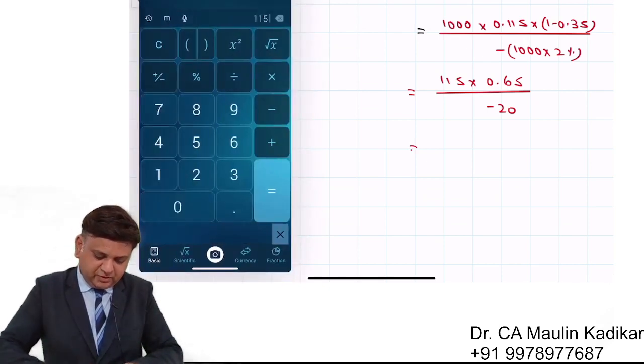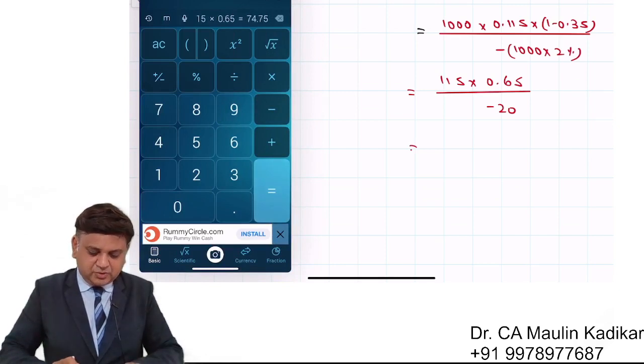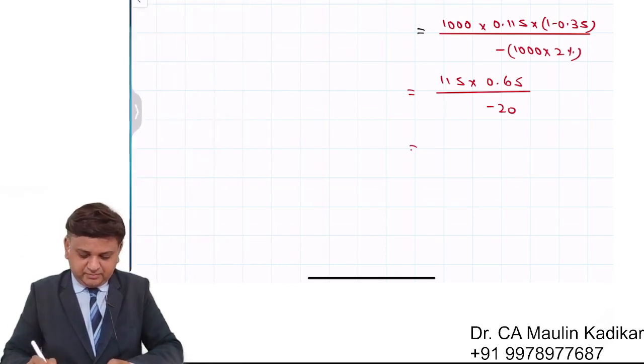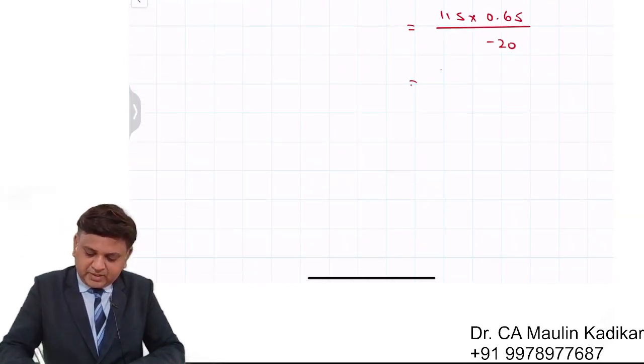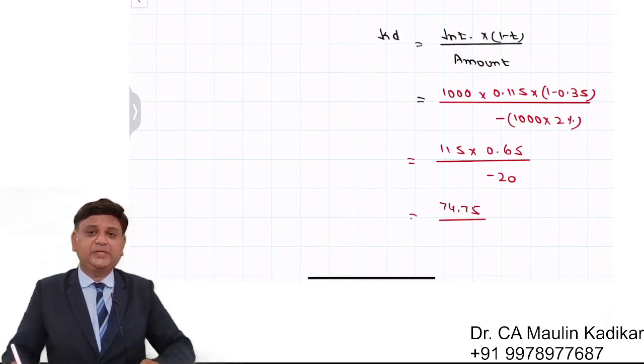So 115 into 0.65 comes to 74.75. This is 74.75 divided by the amount. Now what is the issue price of the security?